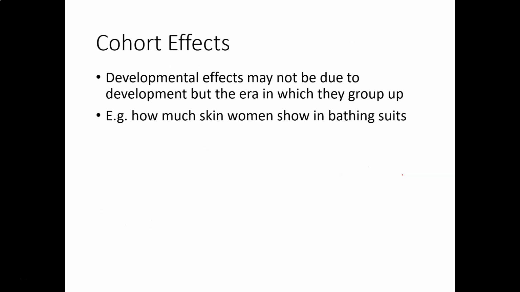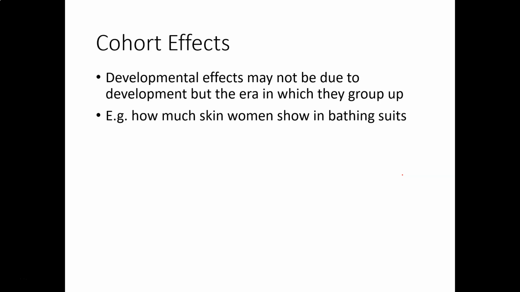And so to kind of get back at cohort effects, which you're more likely to see in cross-sectional designs, they represent effects that seem developmental, but they're not developmental. Rather, they represent the time period in which the individuals may have grown up in.